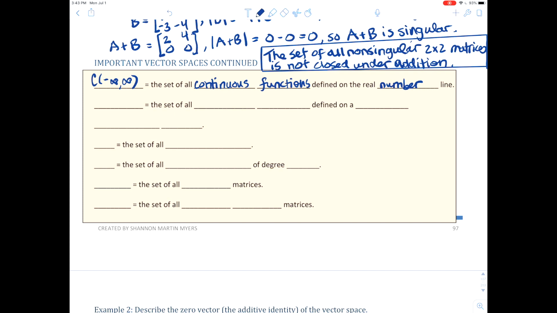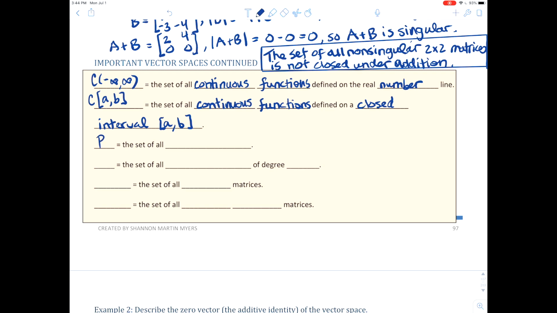And then you also have a set of all continuous functions. So the C is for continuous functions. And this would be defined on a closed interval from A to B inclusive.